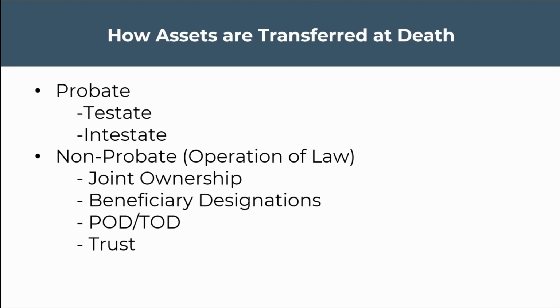Proper planning through the use of beneficiary designations or TODs and PODs or a trust or just having it pass through your probate estate is usually much better from a tax standpoint because you get a step up, especially if you have low cost basis, what you paid for something versus what it is when you die. If it's in your estate, it gets a full step up. So it can be part of non-probate estate, but if it's a joint ownership, it only gets 50% step up because there's 50% owned by other people.